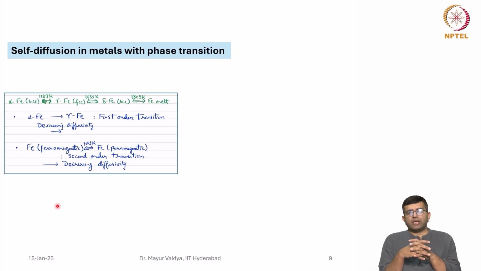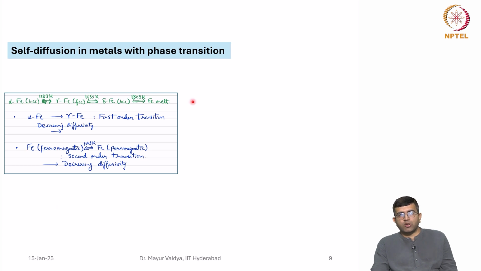There are certain metals where the phase transitions take place, and how the diffusivity is changed there. So, the most classic example is iron, where, although iron shows the allotropic transitions, iron also shows a magnetic transition.